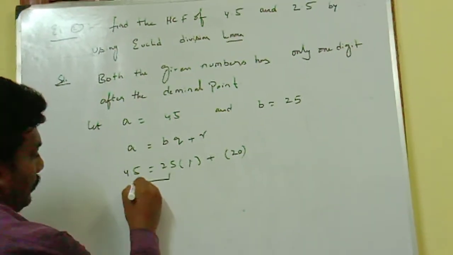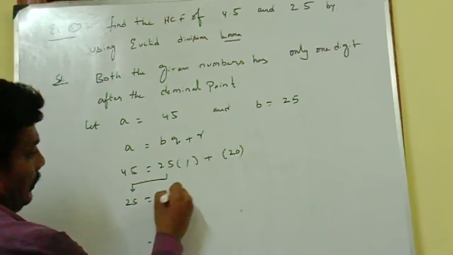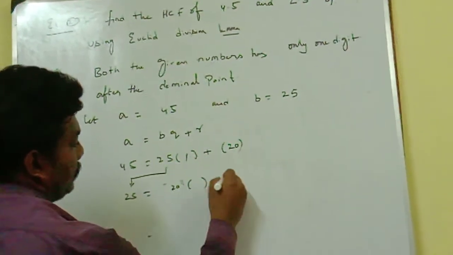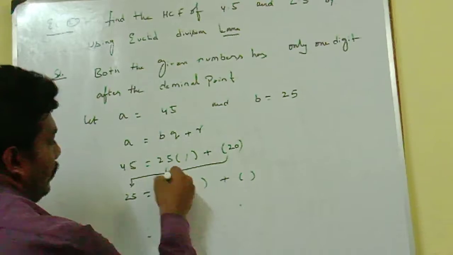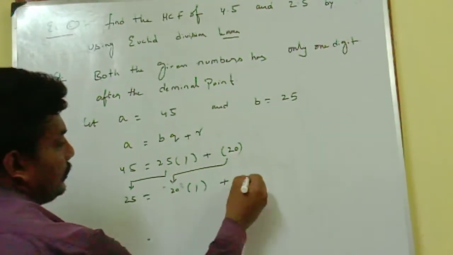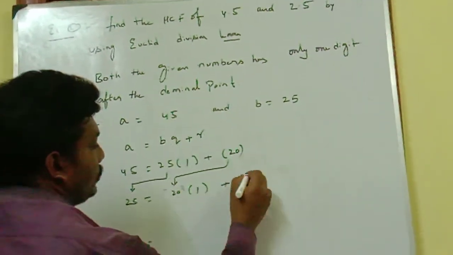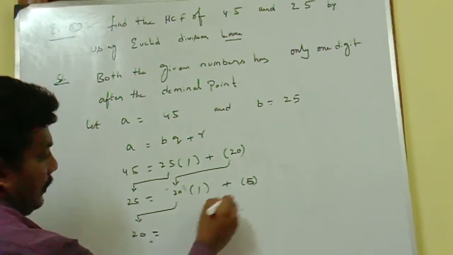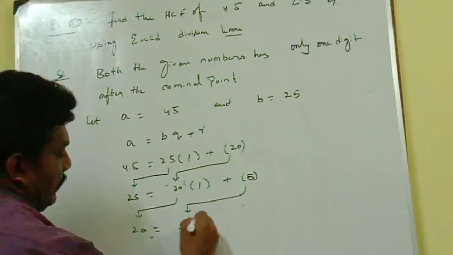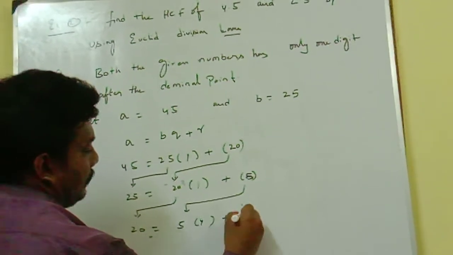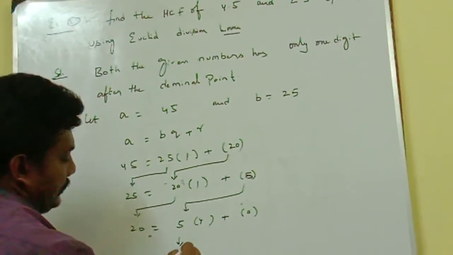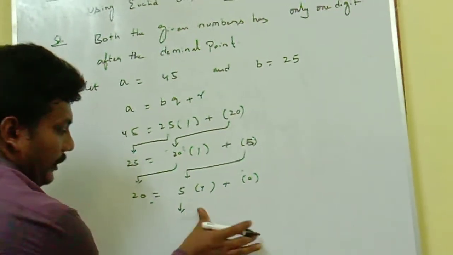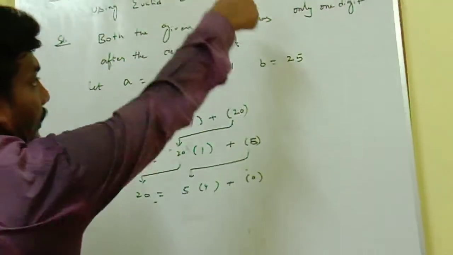Then again we follow: this is 25 and this is 20. 20 once is 20, so the remaining is 5. Then again we take 20 here and 5 here, and 5 4s are 20, the remainder becomes 0. So 5 is the HCF. But we should not take 5 as the HCF here, because we are taking decimal points.